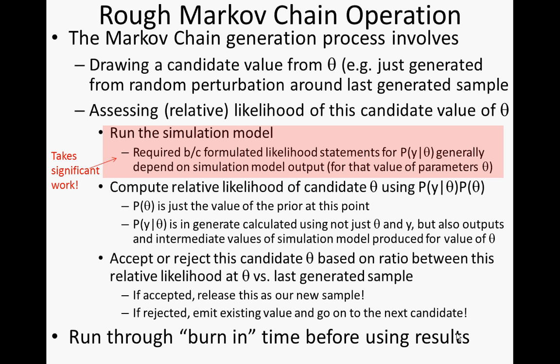In a particularly simple case, a random walk Metropolis Hastings, this is just generated from random perturbations around the last generated sample. So we're going to draw a candidate value, and then we're going to assess the relative likelihood of this candidate value of theta.